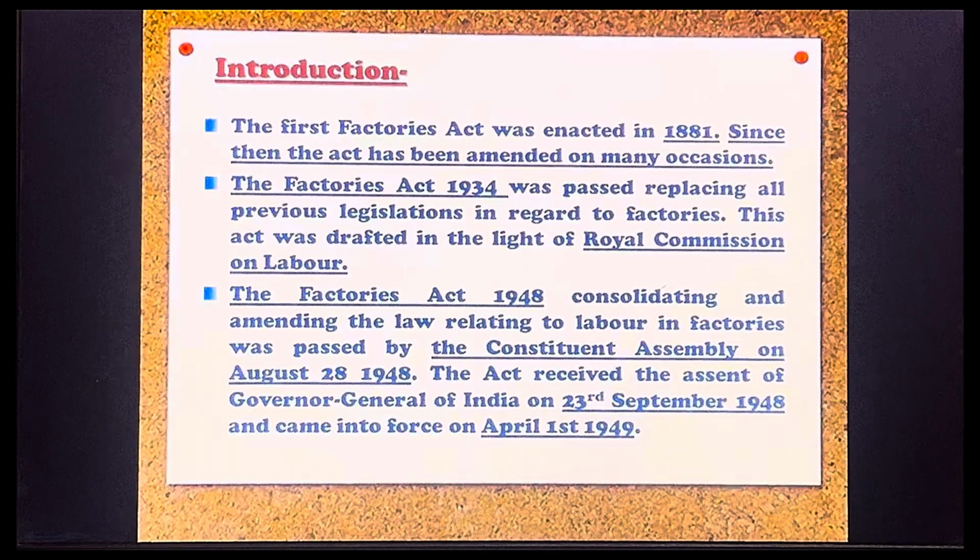It was passed by the Constituent Assembly on August 28, 1948, received the assent of the Governor General of India on 23rd September 1948, and came into force on April 1st, 1949.